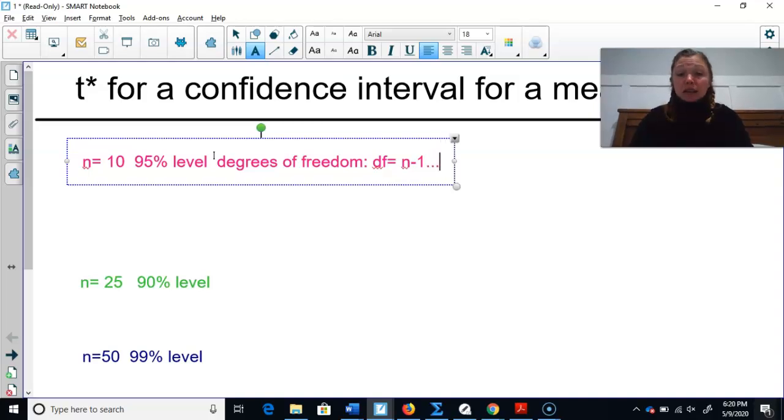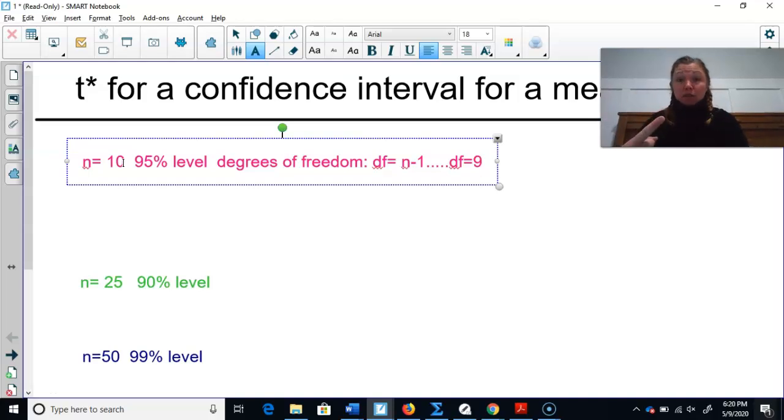So for this example, our degrees of freedom would be n minus 1. So that's 10 minus 1, which is equal to 9. Okay, so that's the first thing that you have to do. You're given your sample size, your n. You're given your confidence level, this 95%. And now you have to find the degrees of freedom. And we call that df, n minus 1. So our degrees of freedom is 9.